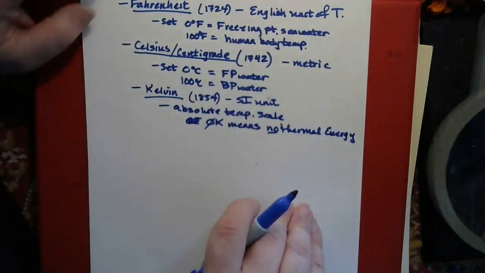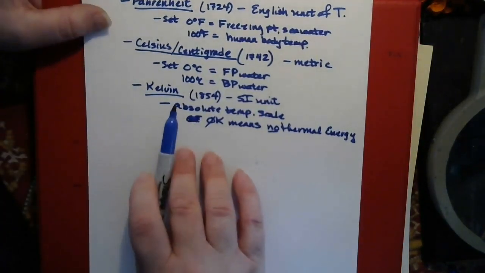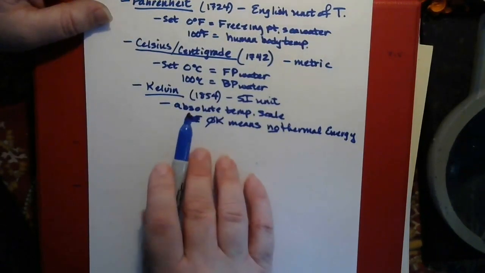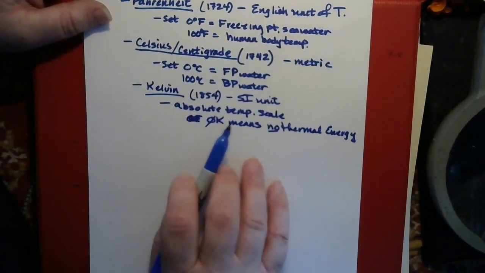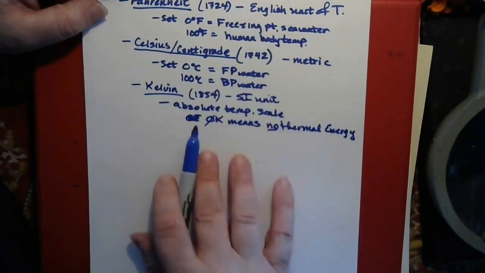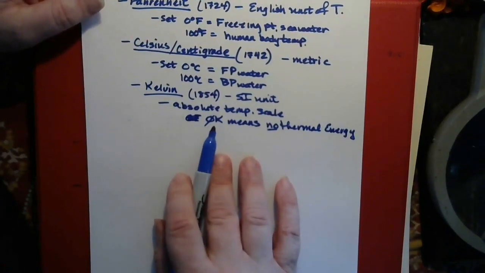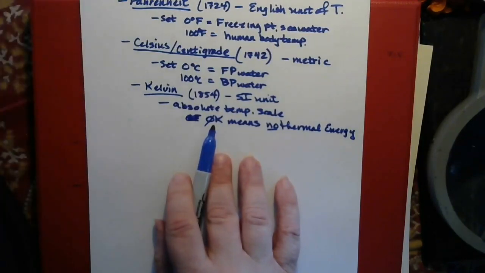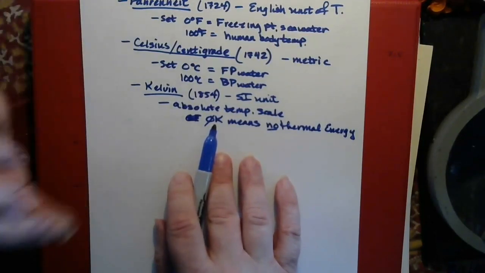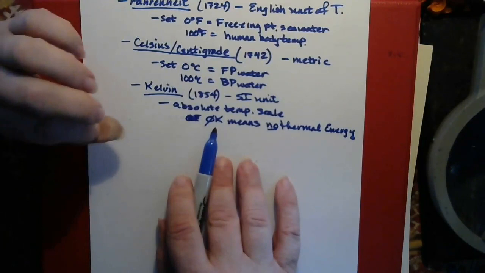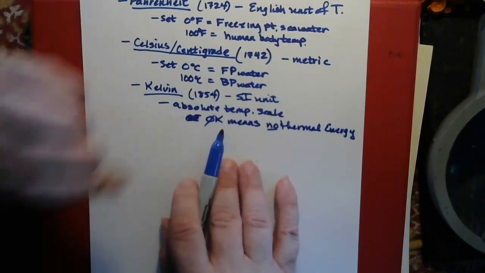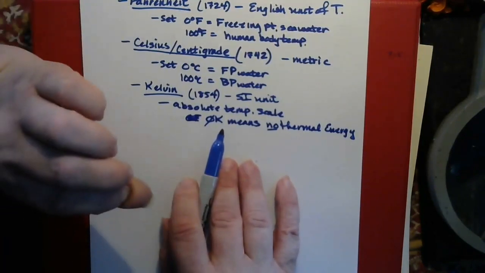And you can actually go below 0 on those temperature scales, and the particles will still be vibrating for quite a ways below 0. On the Kelvin temperature scale, 0 is absolute 0, and again, that means no thermal energy at all. It means that if you were to reach 0 Kelvin, and technically we don't say 0 degrees Kelvin, we just say 0 Kelvin, it means no thermal energy at all, which means no vibrations at all.